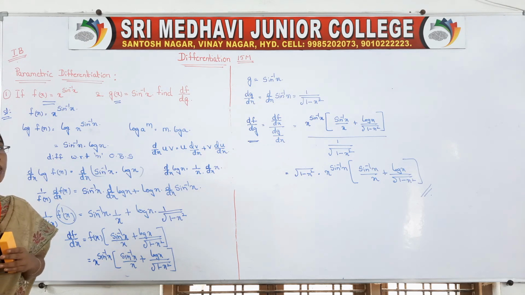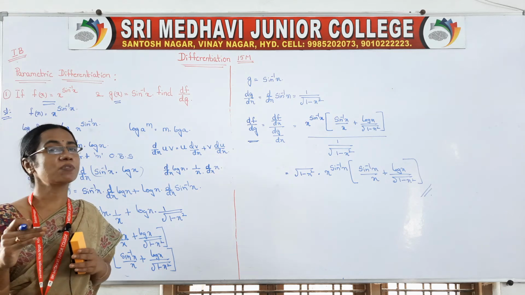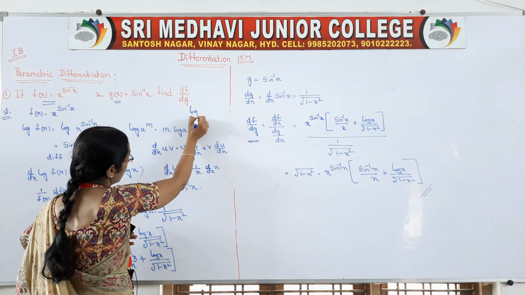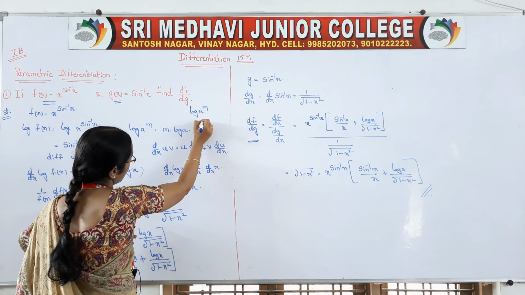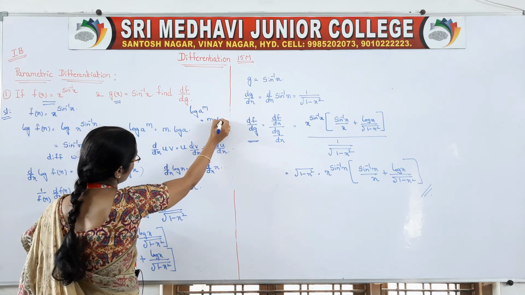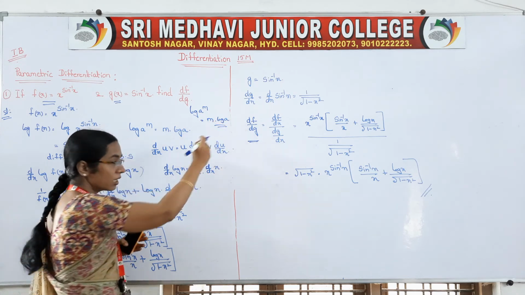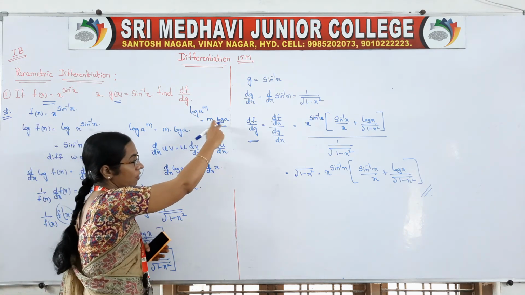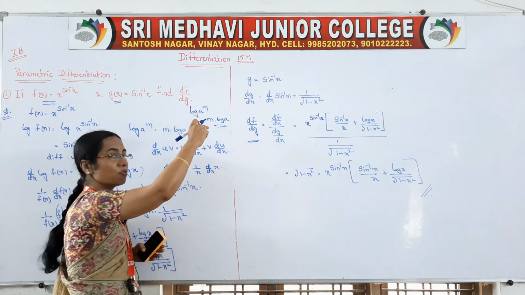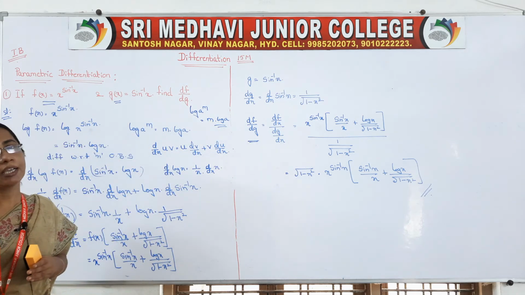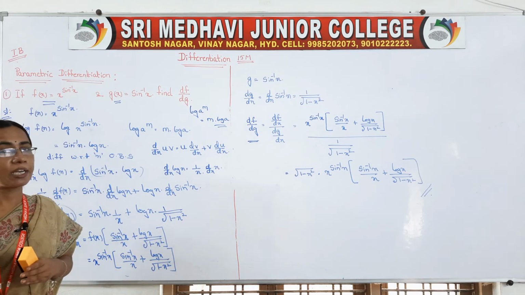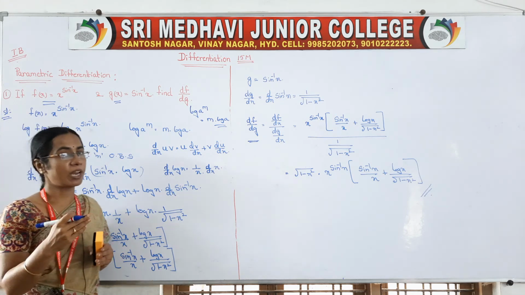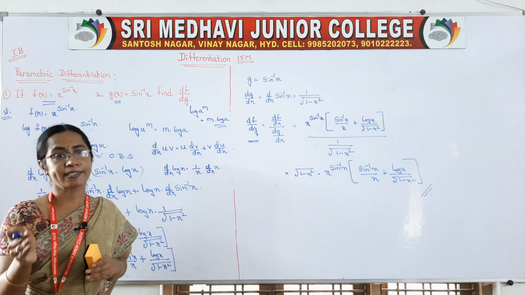Why take log on both sides? Because there is a standard formula: log a to the power of m is equal to m into log a, so that the two terms come into u into v form. Once it is in u into v form, we can apply the product rule, d by dx of u into v. That is your second method.